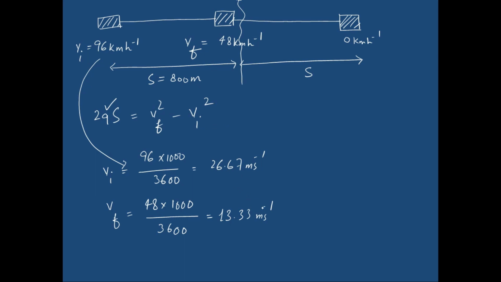Now putting these values into the third equation of motion, we will get the retardation value. 2a into 800 meters equals vf square, 13.33 meters per second whole square, minus 26.67 meters per second whole square.